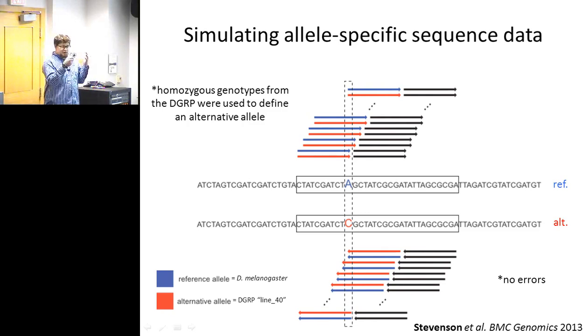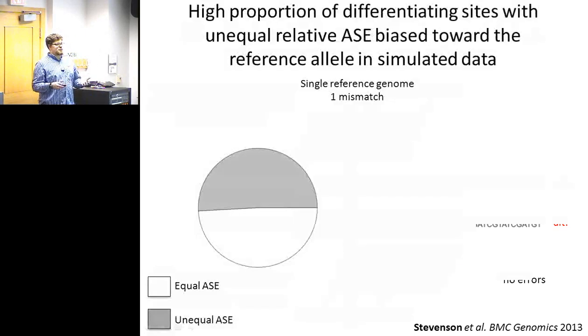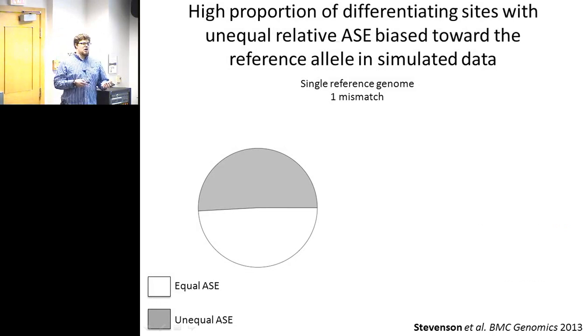So when we take this simulated data and attempt to align to our single reference genome, allowing a single mismatch, I found that there was around 50% of these differentiating sites that showed unequal measures of allele-specific expression. And that's what I'm showing here in this pie chart.